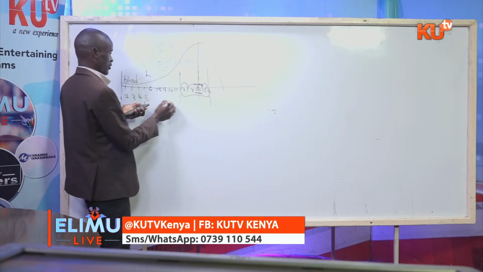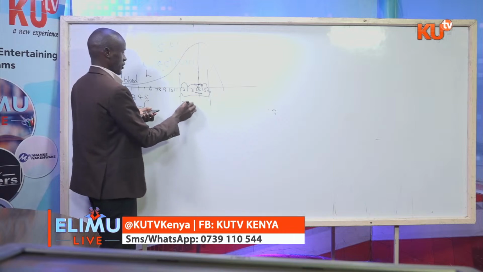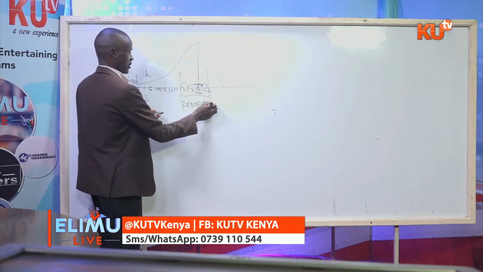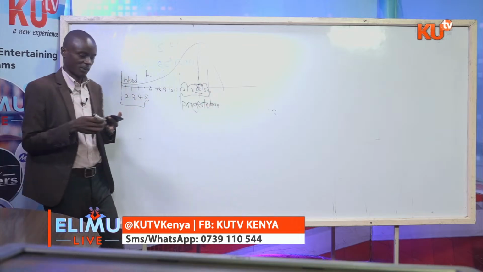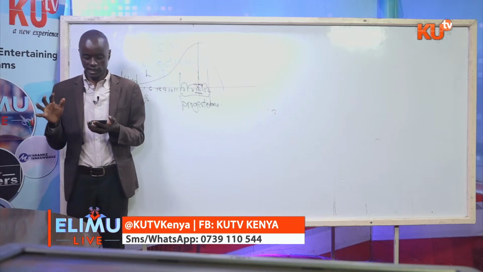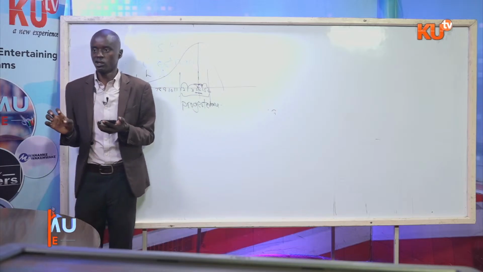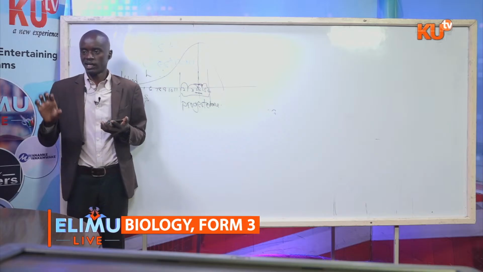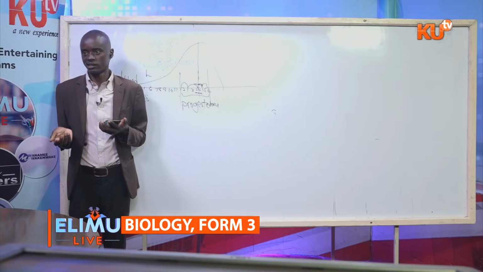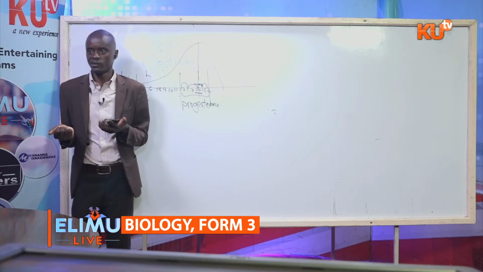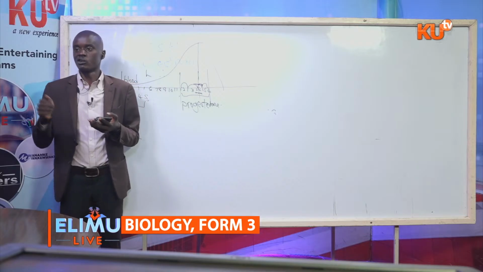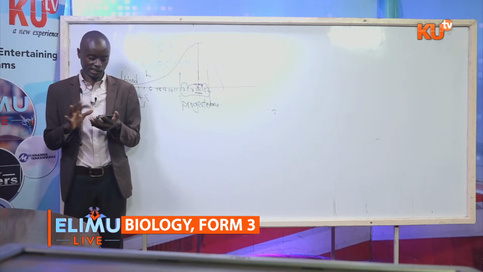Now, another hormone we are going to discuss is progesterone. Progesterone is the 4th hormone in the menstrual cycle. And this progesterone is very, very important in the menstrual cycle based on the role that it plays.